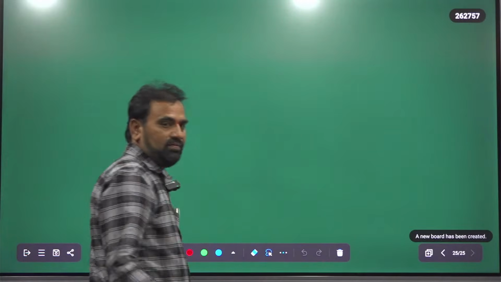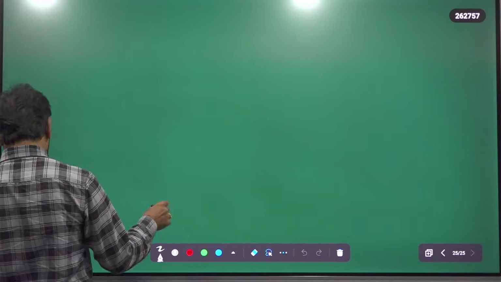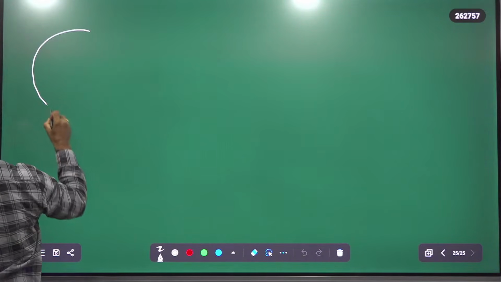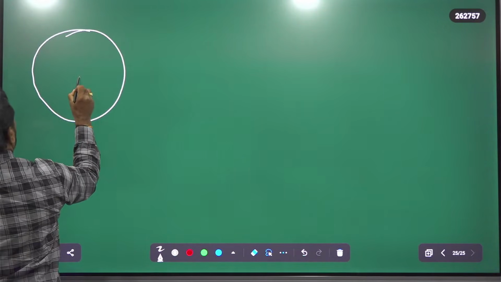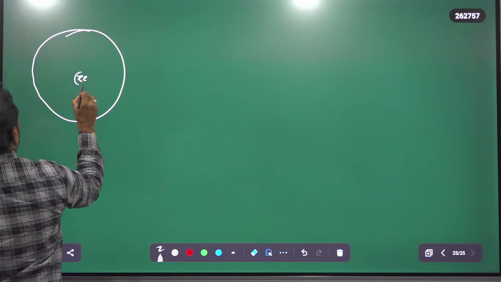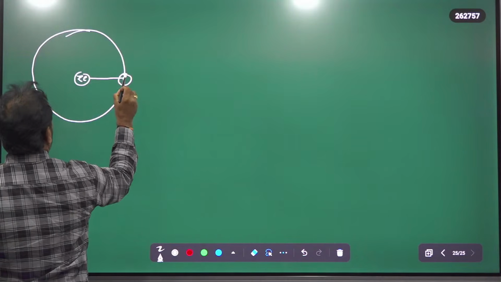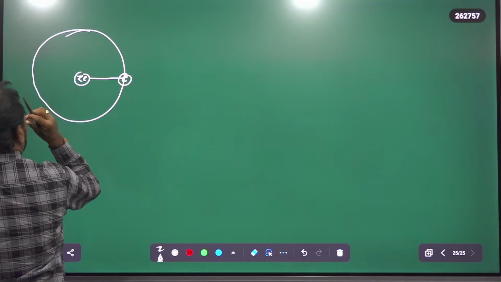Next, see, when the electron is revolving in an orbit like this, what would remain constant? What would be quantized there? Angular momentum is the quantization. What is angular momentum?